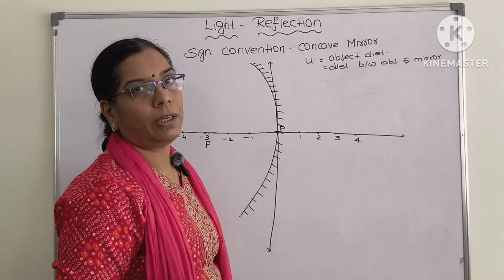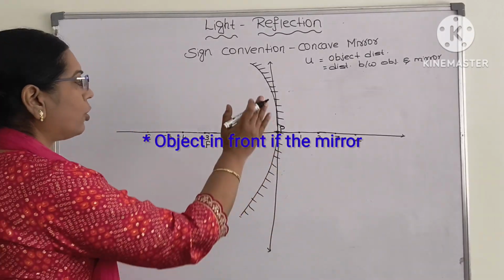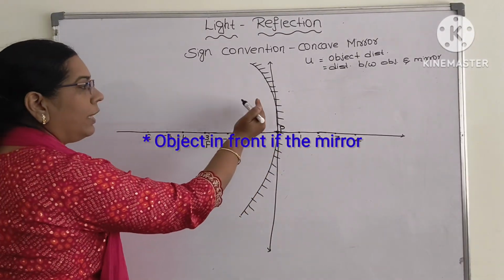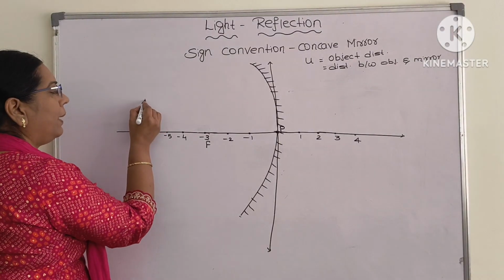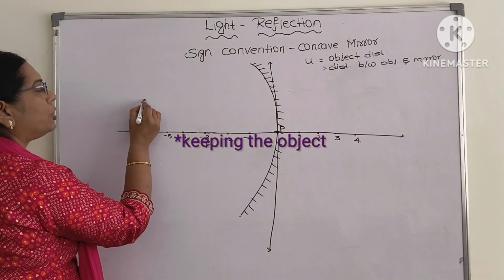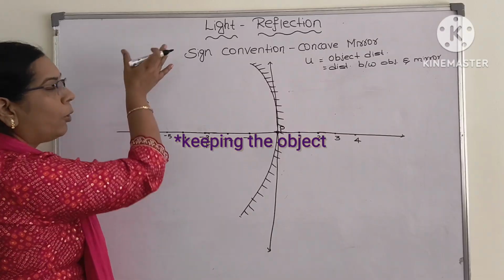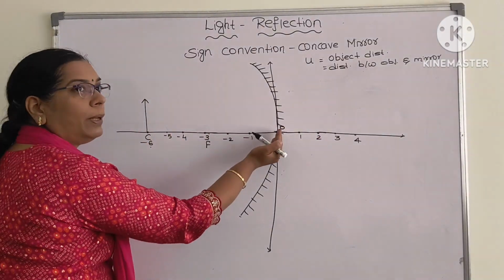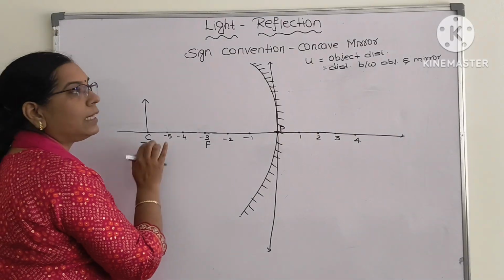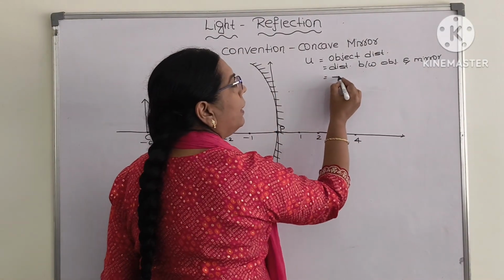And where do we keep the object, children? The object is always kept on the left side, that is, in front of the mirror. So imagine keeping the object at this position with the head pointing upwards. How far is the object from the mirror? It is at -6. So u will become negative.